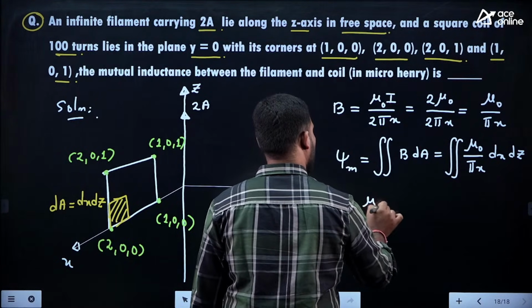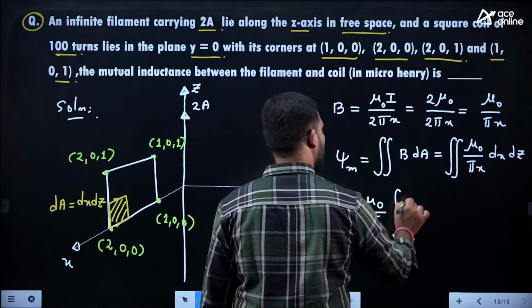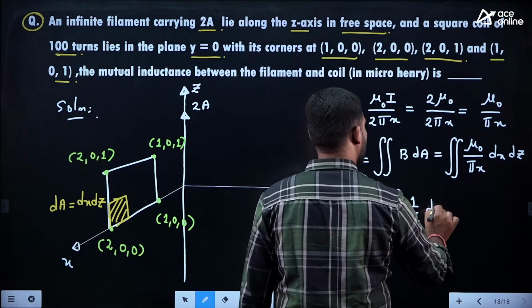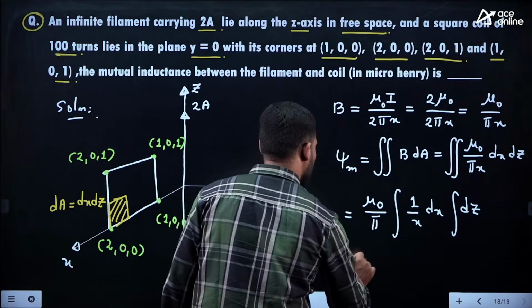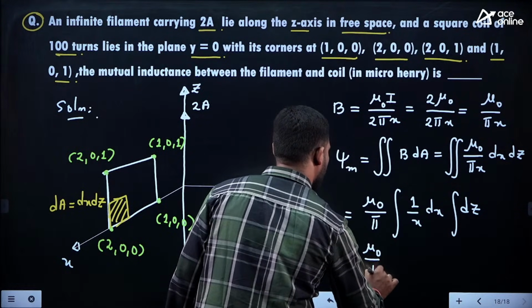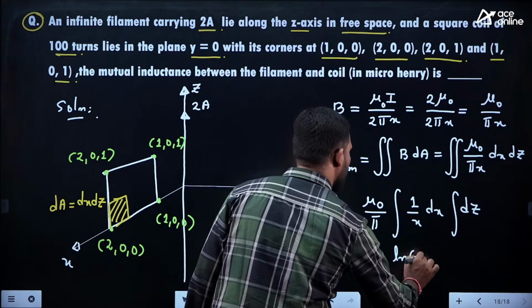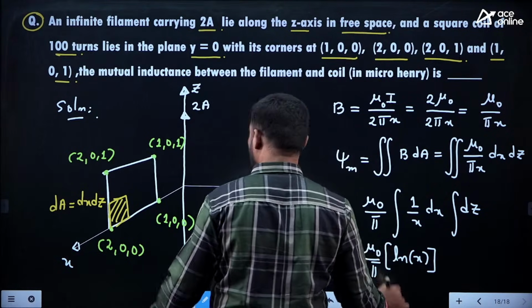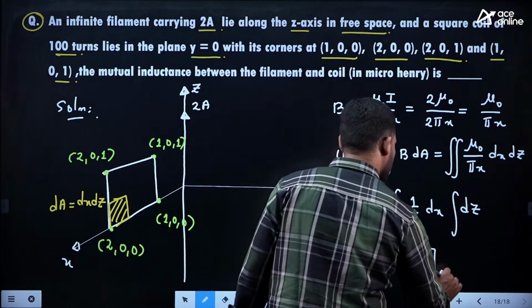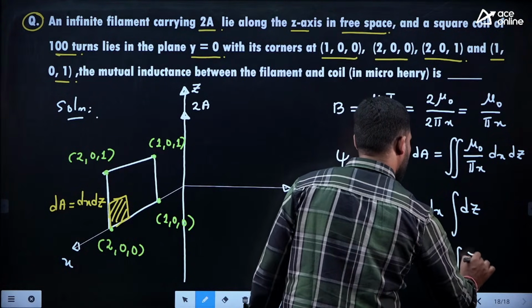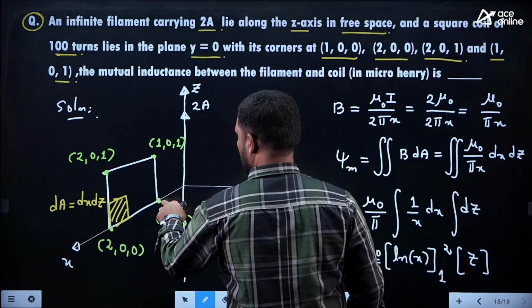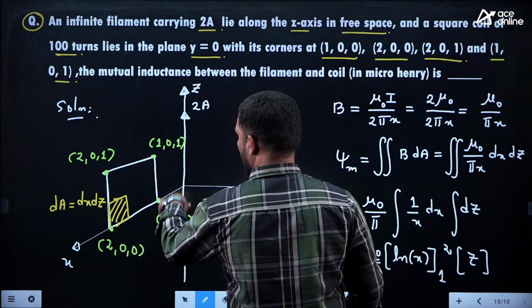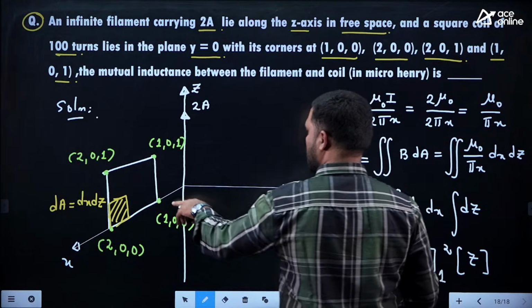So this is mu naught by pi, 1 by x dx, and dz. Perform the integration here. So mu naught by pi, natural log of x, where the x limits range from 1 to 2, and the z limits range from 0 to 1, sorry.